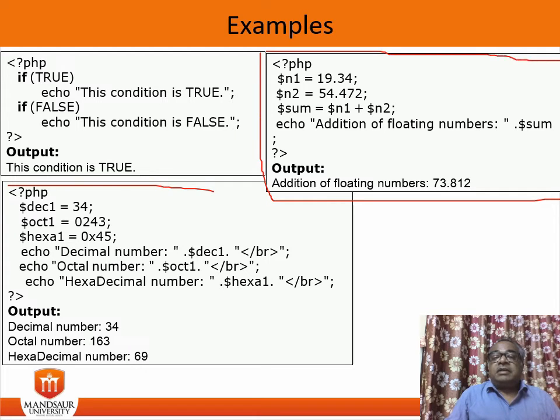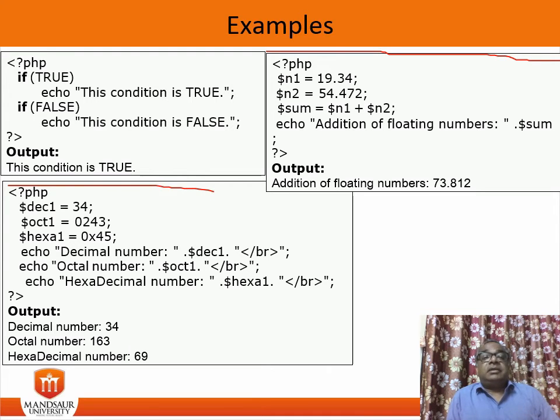Here $n1 contains 19.34 and $n2 contains 54.472. This is the float data type. Here we have the addition of the floating point numbers, so this is all about the value.